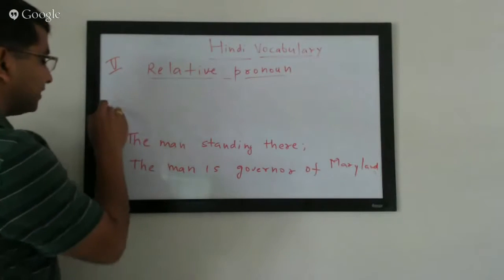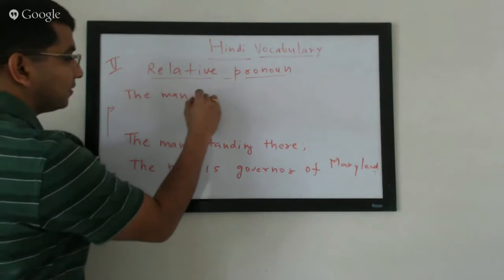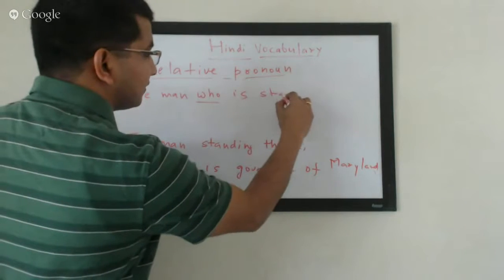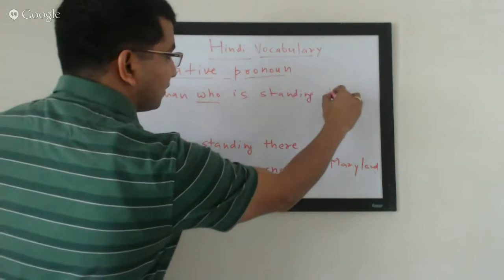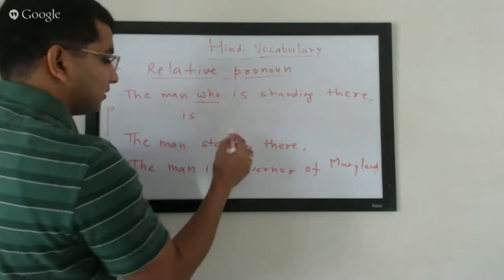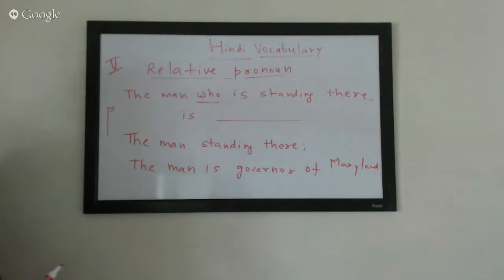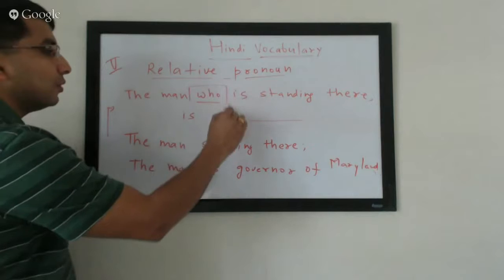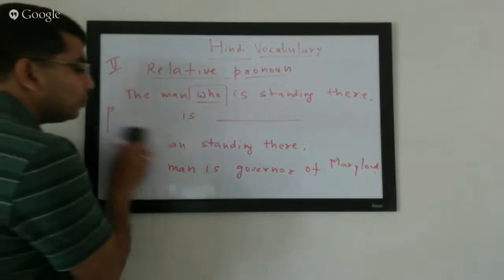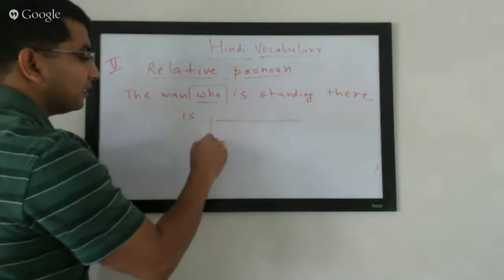The other way would be to say "the man who is standing there is governor of Maryland." So you've used "who" to combine both these sentences, and "who" in this case is nothing but a relative pronoun.